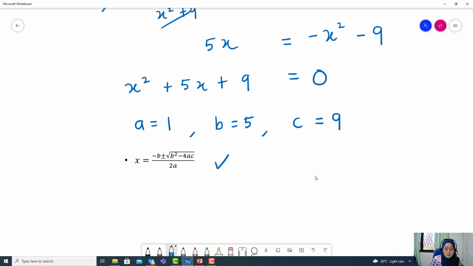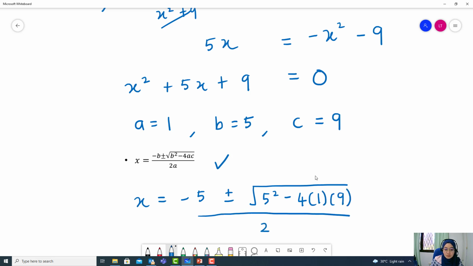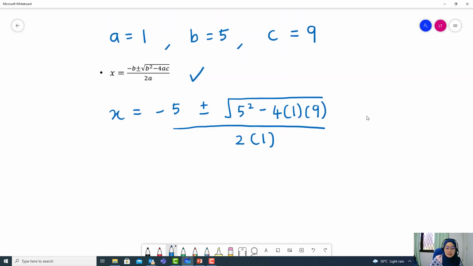Using the quadratic formula, substitute into the quadratic formula. x equals negative b, negative 5, plus minus the square root of b squared minus 4ac, 5 squared minus 4 times 1 times 9, divided by 2 times 1. Simplify your answer to find x. x equals negative 5 plus minus the square root of negative 11, divided by 2.